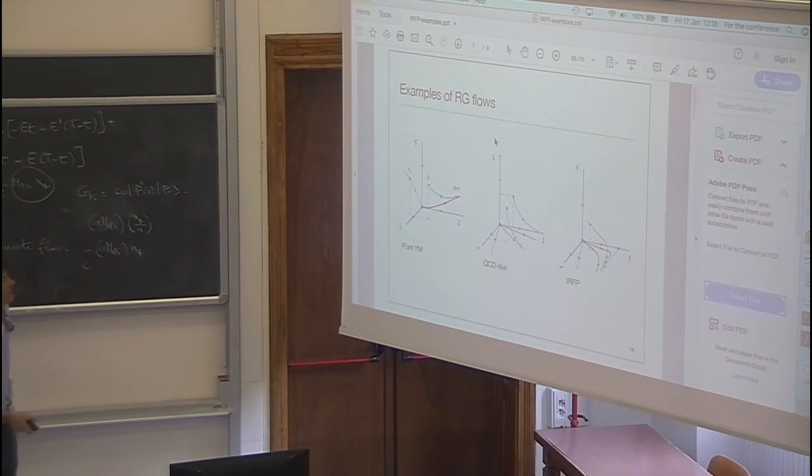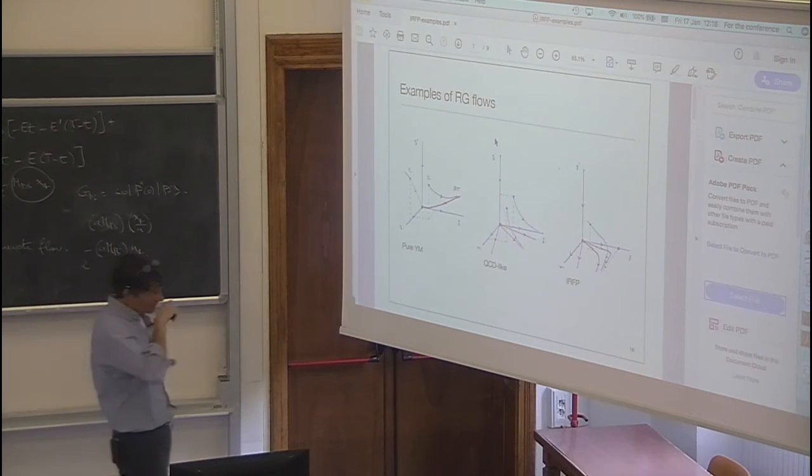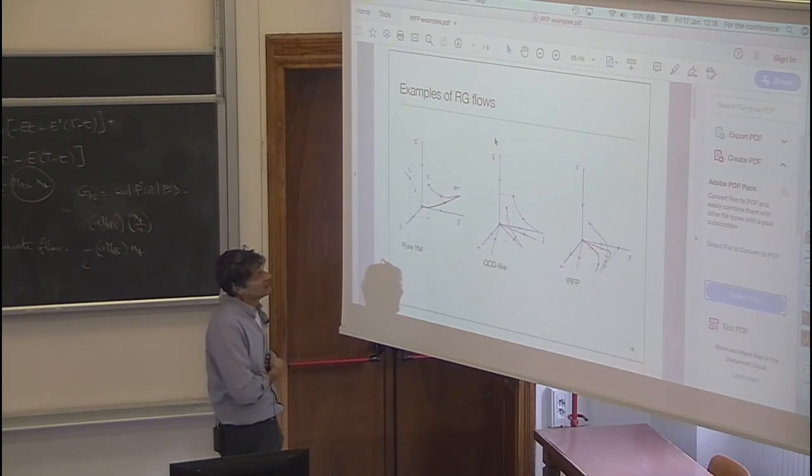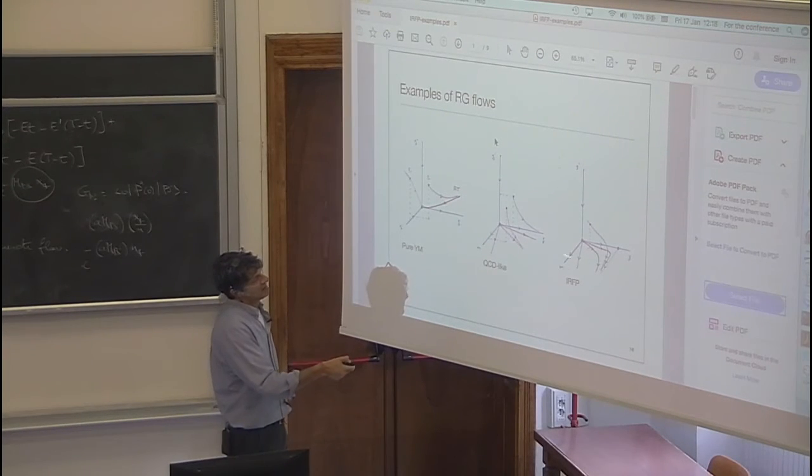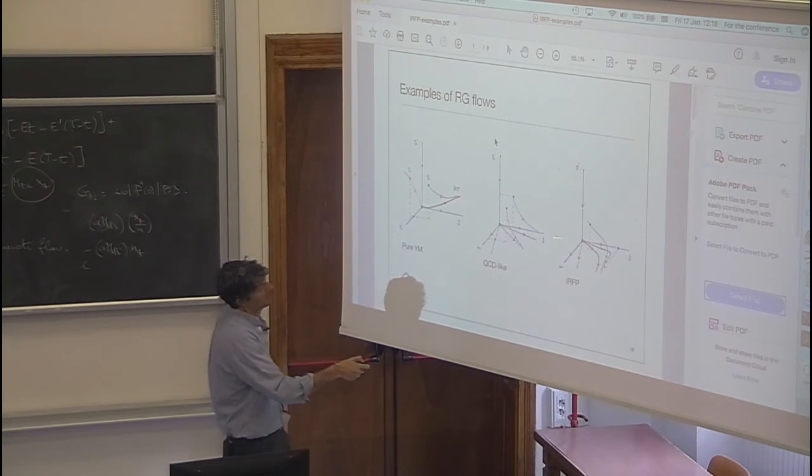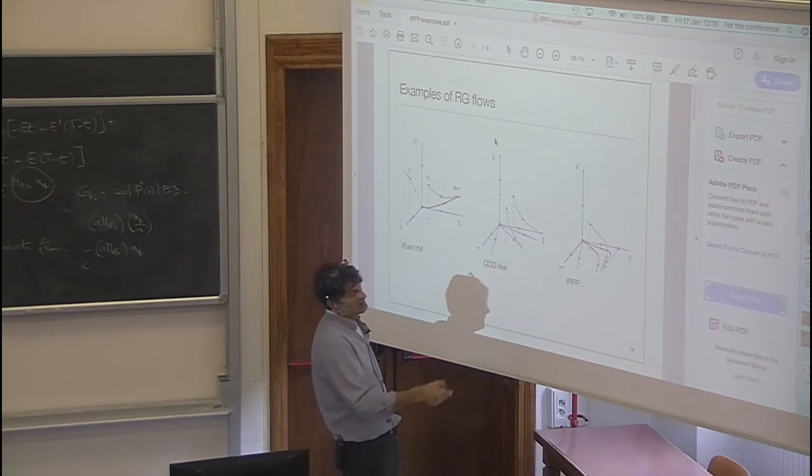Now, for some time, there's been some interest in the possibility of having an infrared fixed point. So, the idea that the flow that comes out of the ultraviolet fixed point actually ends somewhere else.